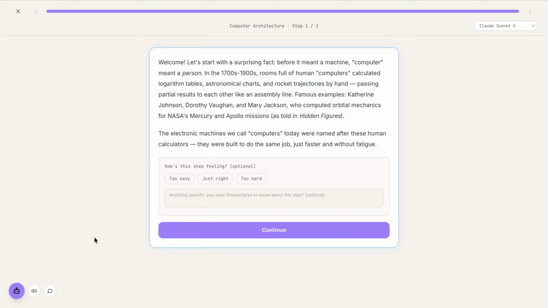Famous examples: Katherine Johnson, Dorothy Vaughan, and Mary Jackson, who computed orbital mechanics for NASA's Mercury and Apollo missions, as told in Hidden Figures. The electronic machines we call computers today were named after these human calculators. They were built to do the same job, just faster and without fatigue.